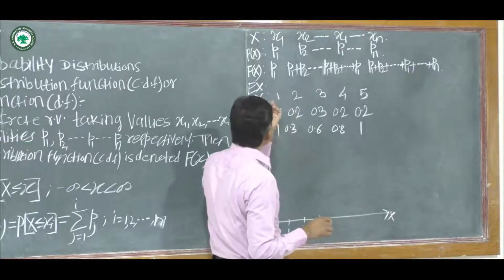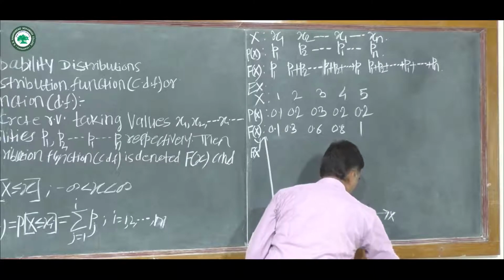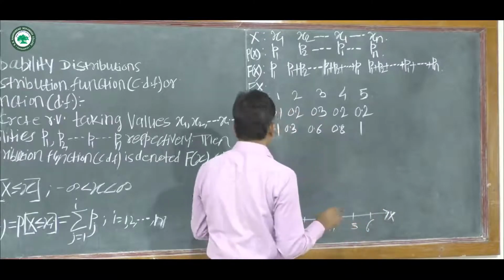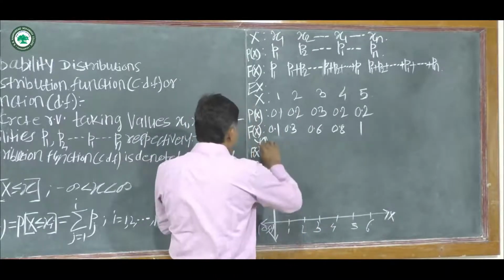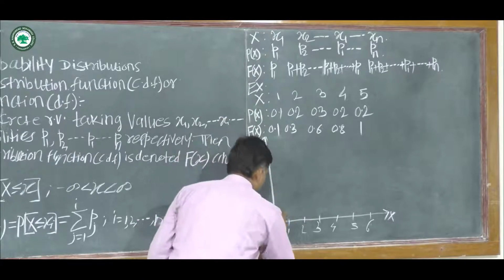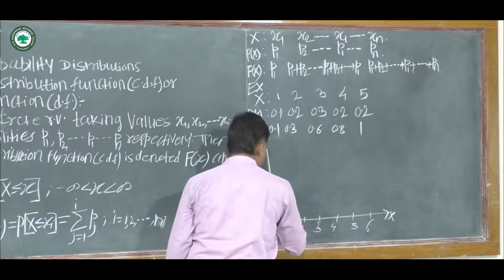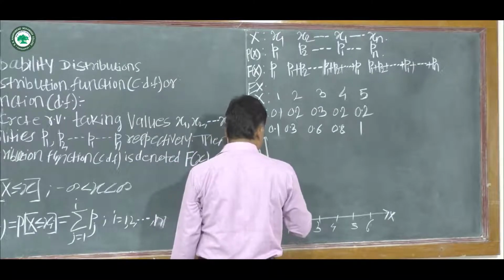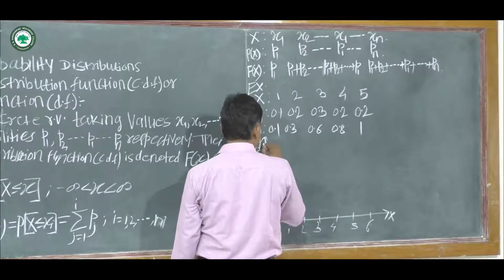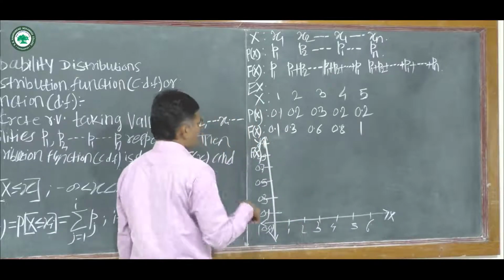The values of random variable x are 1, 2, 3, 4, 5, and on the y-axis values of the capital F of x: 0.1, 0.3, 0.5, 0.7, 0.9, 1.1.